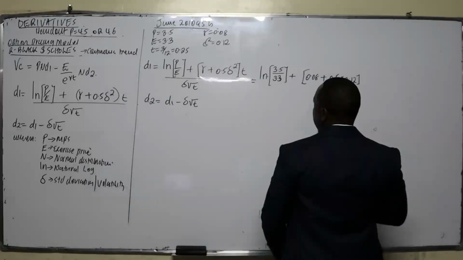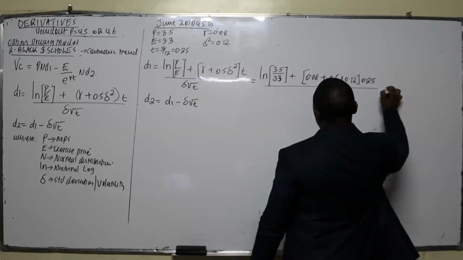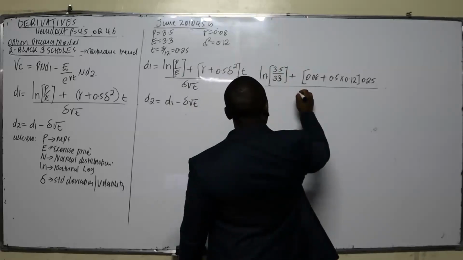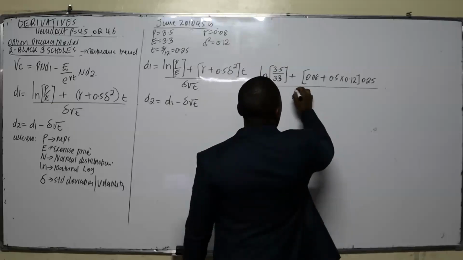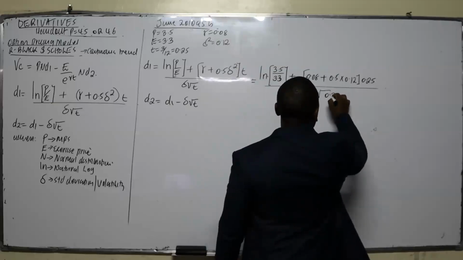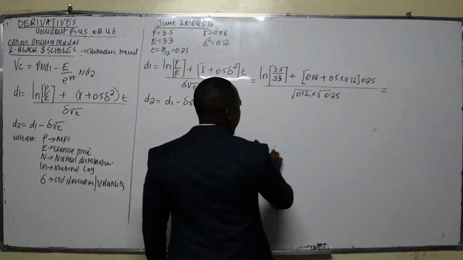Then you multiply by T, T is 0.25, all of which you divide by standard deviation. The variance is 0.12. To get the standard deviation, you get the square root, times square root of T, T is 0.25.